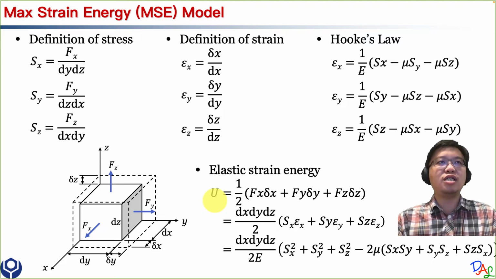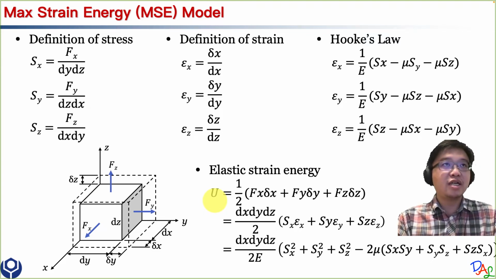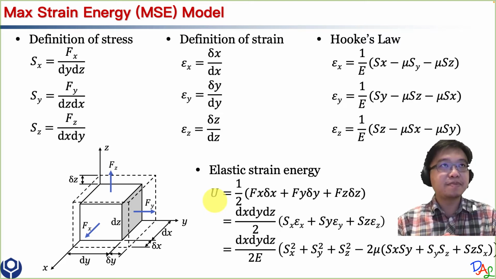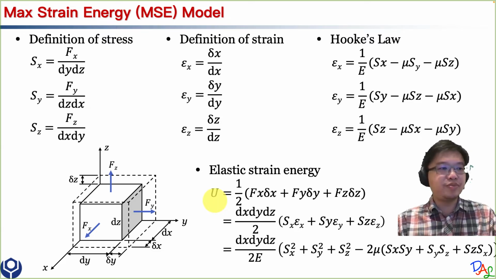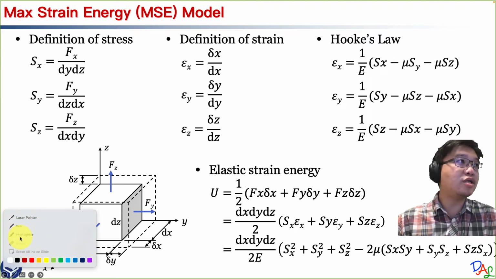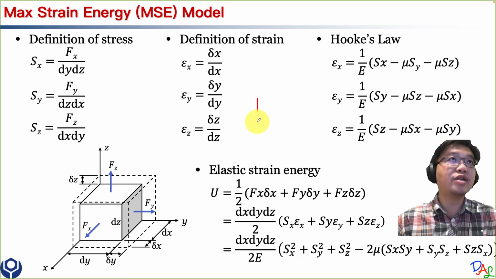So the work done equals F times delta x. But because the force depends on your delta x, maybe I should make a drawing here, so it will be easier for me to explain. This is how much delta x you have, and this is F, and this is K.